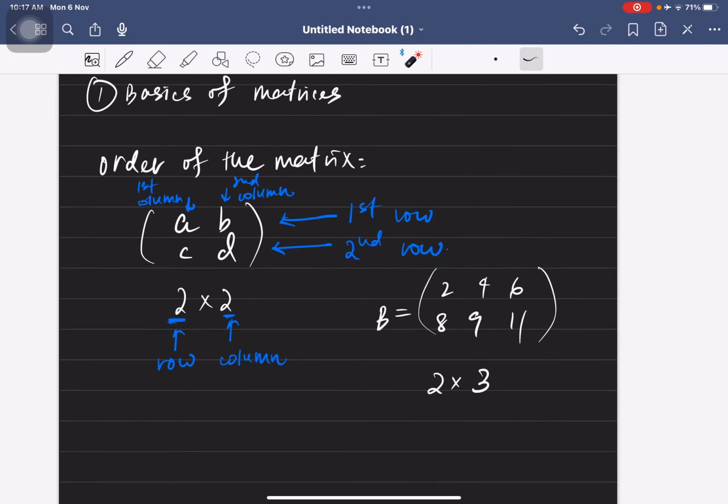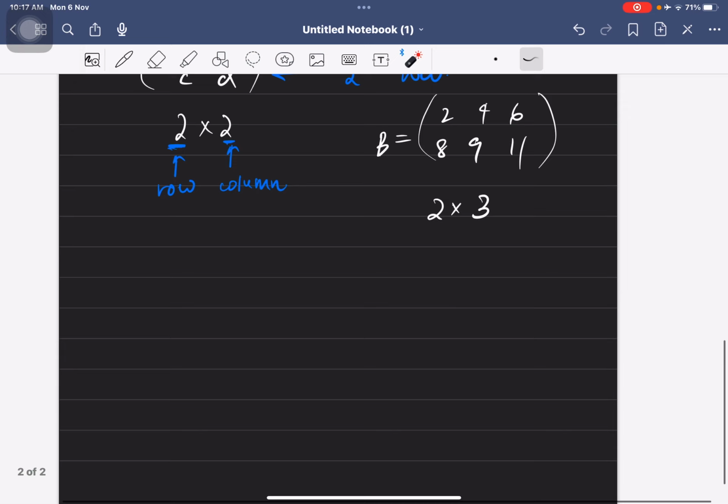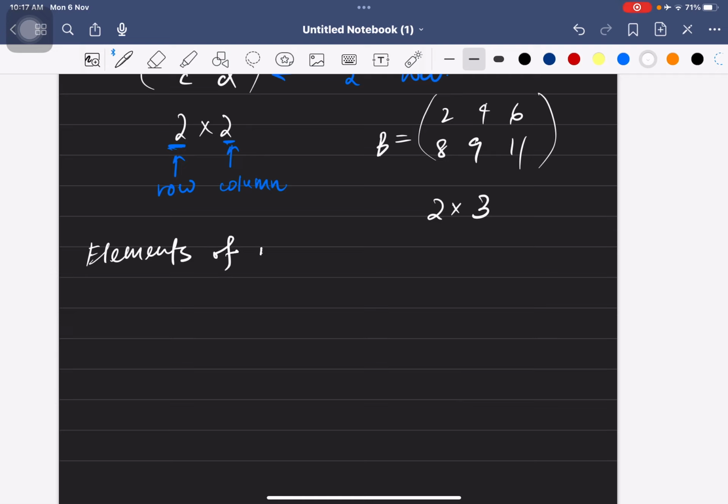And the second thing that you need to know is elements of a matrix. For us to write out the very general form of the matrix, we always write in terms of the subscript, row and then column.